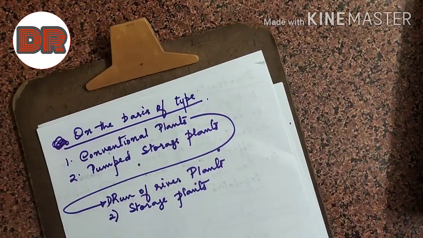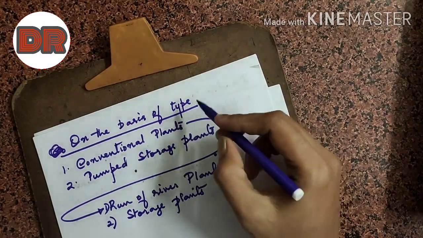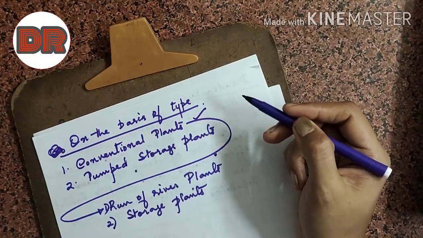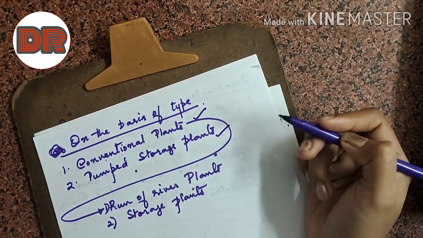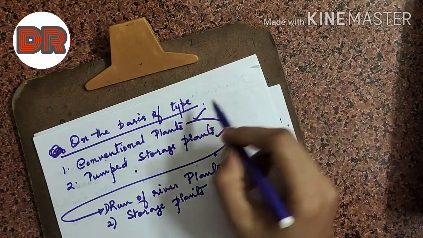On the basis of type, we again have two types of power plants. One is the conventional power plant and the second one is the pumped storage power plant.